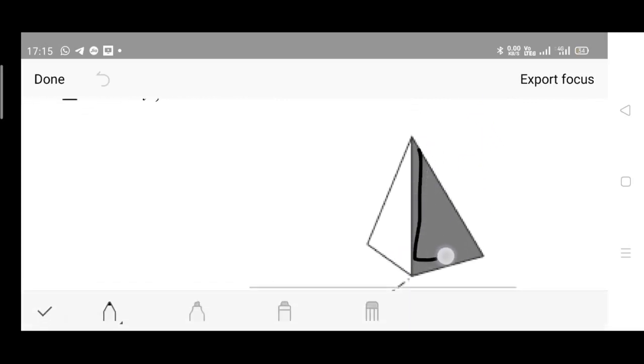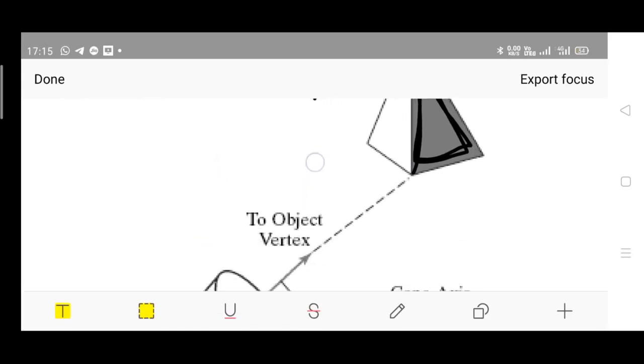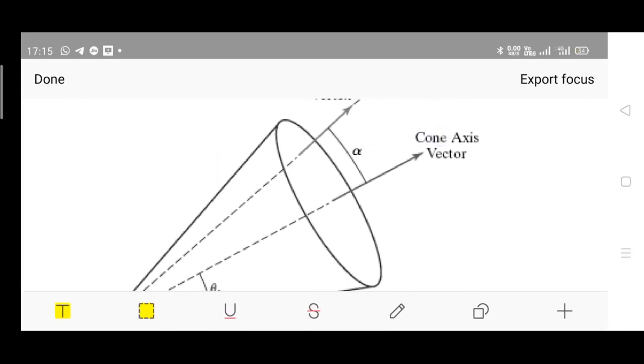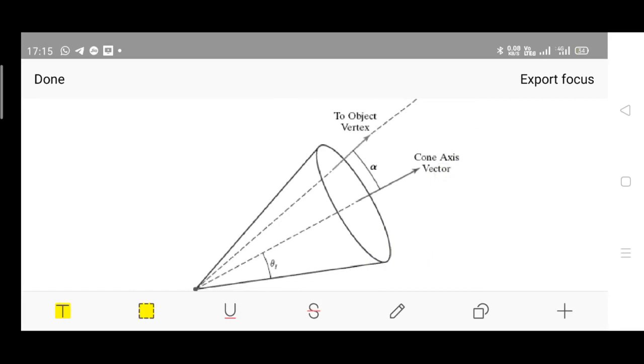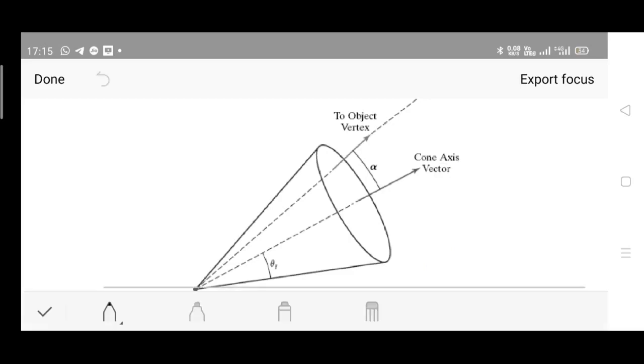See, this entire portion is marked here. See what alpha is, defined here: the cone axis vector, and the two vectors are defined. The angular displacement between both is marked as alpha, and theta is fixed, that is the angular displacement between the boundary and the midpoint.